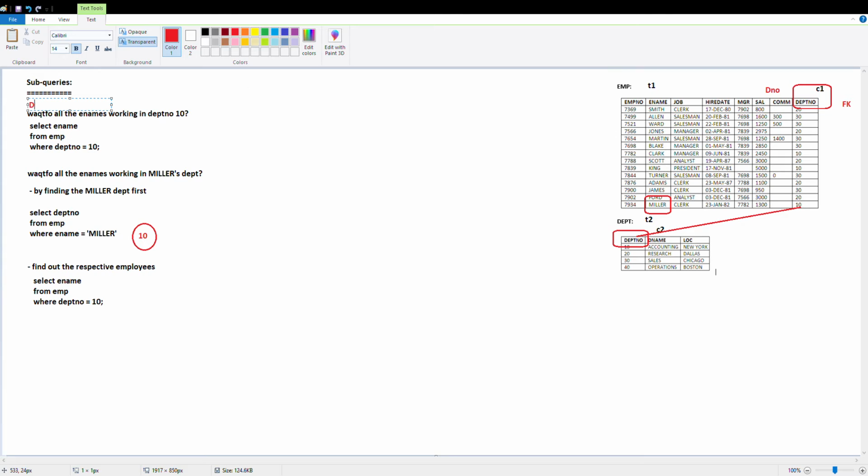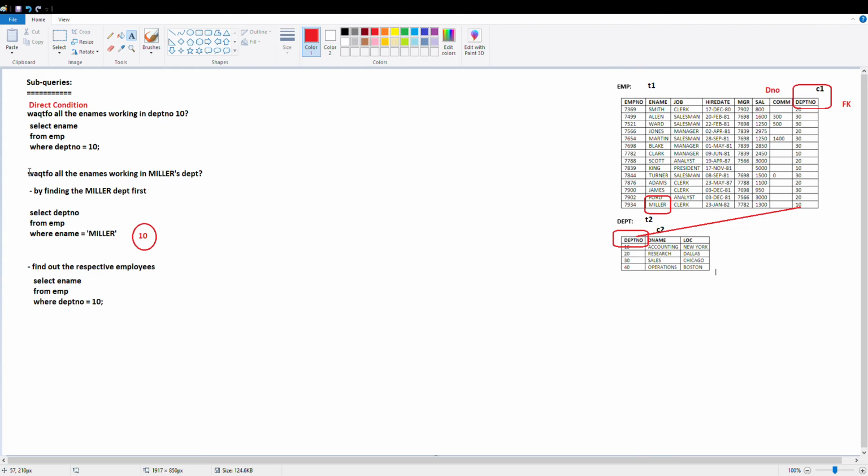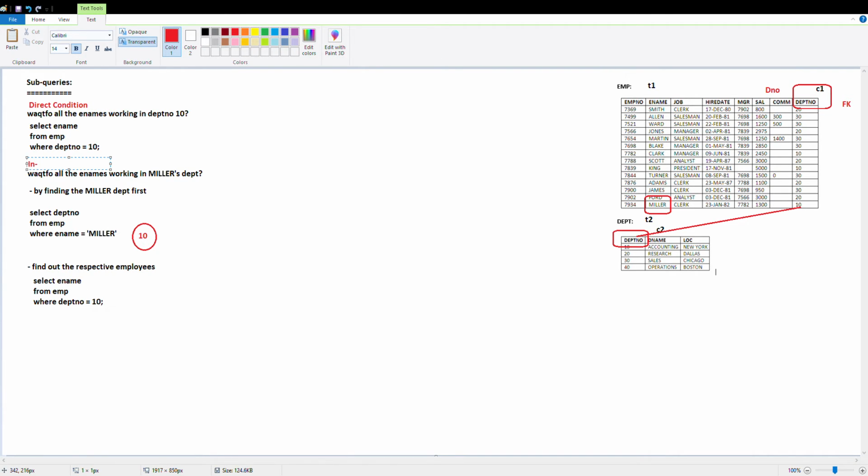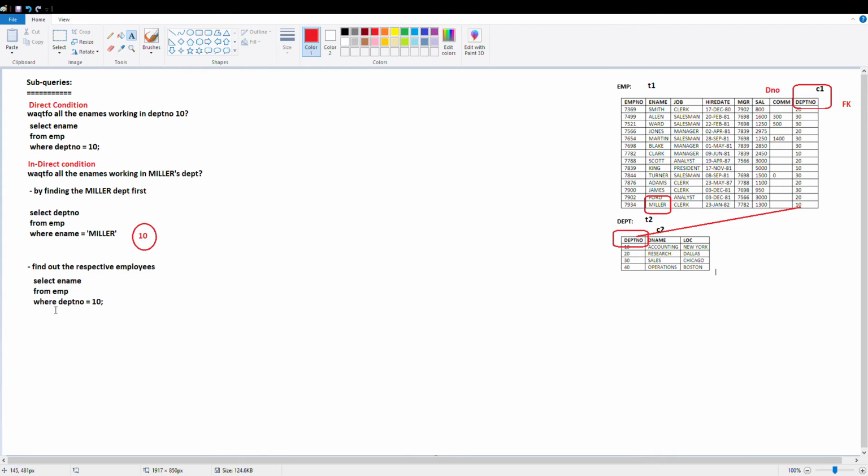So why am I doing this? Because the first question is a direct condition, whereas this one is an indirect condition. When I say it's an indirect condition, what do I mean by that? The condition is given to you in an indirect fashion. First we have to resolve that indirect condition, and only then can we write the main query.